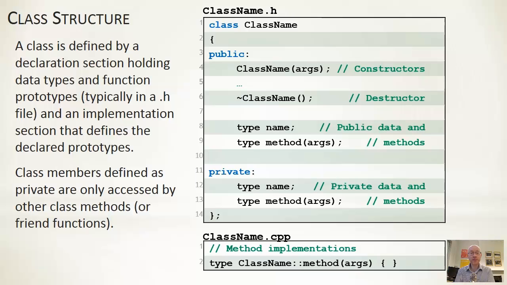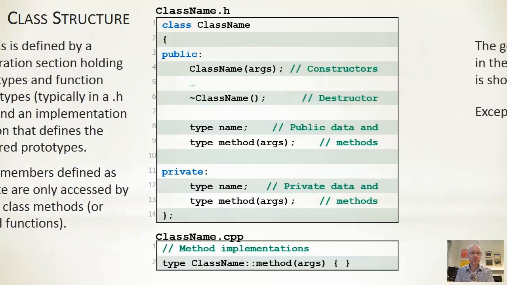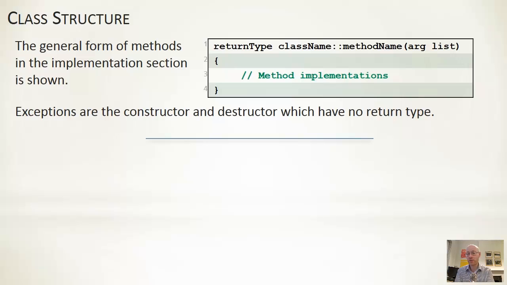As another reminder, for C++, we separate our functionality into CPP and .h files. Generally, the .h file contains the header of our class, and the CPP contains the implementation of the class itself. For implementing methods within our CPP file, I generally use the form that's shown here.